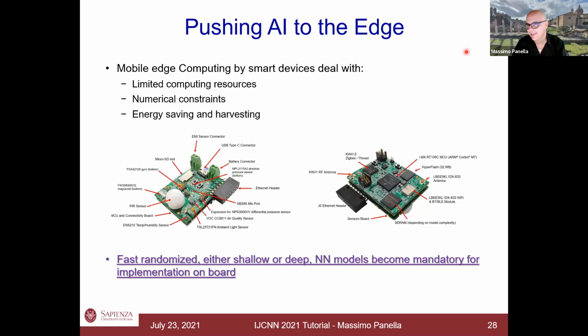The key word is edge computing. Okay, so pushing artificial intelligence to the edge, because communication based on low latency protocols of 5G, 6G, 7G will allow us to have a real-time distributed system that can be implemented. And fast randomized, either shallow or deep, but rather shallow neural network models become mandatory for implementation. Okay.